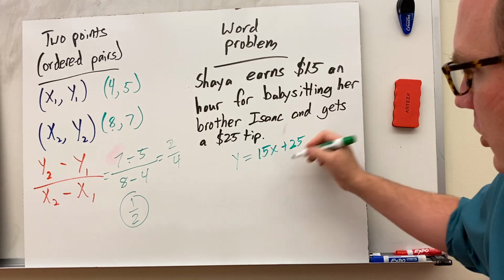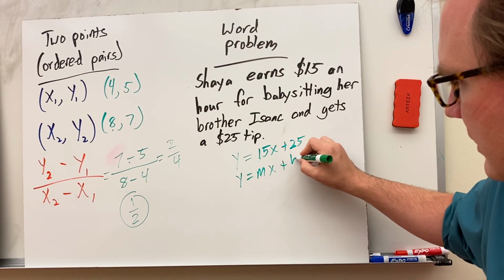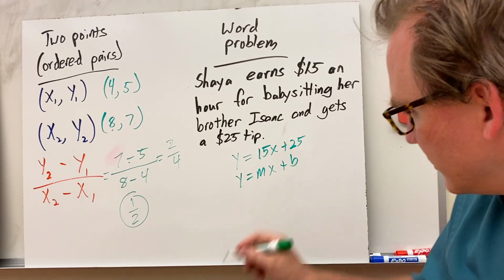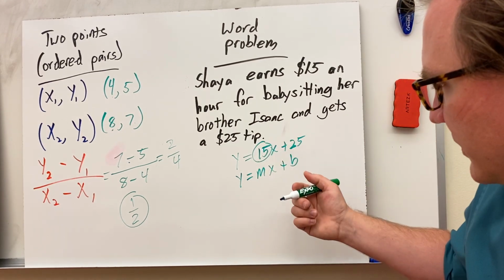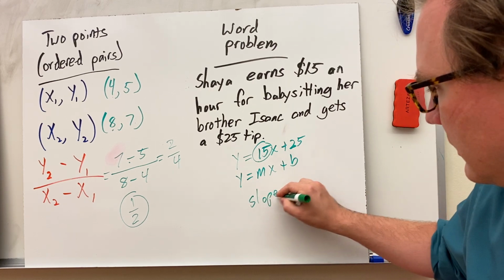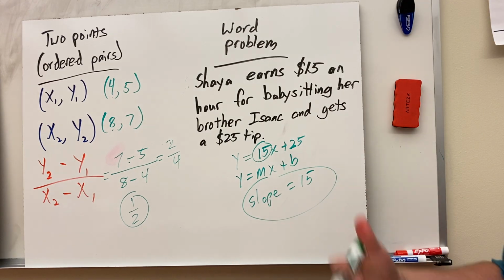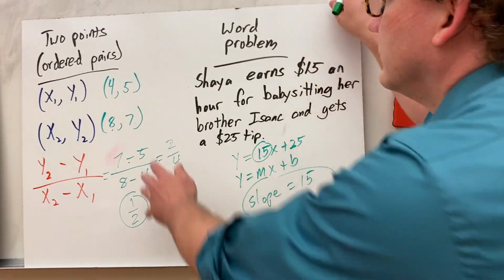To determine the slope, you use the form y equals mx plus b, where m is your slope. So from slope-intercept form, we know that the slope is 15. And that's how we figure out the slope.